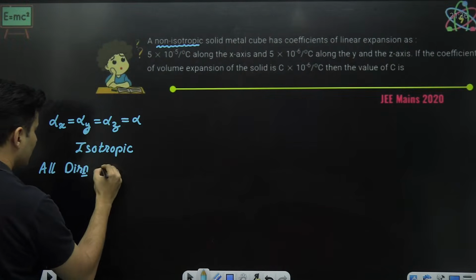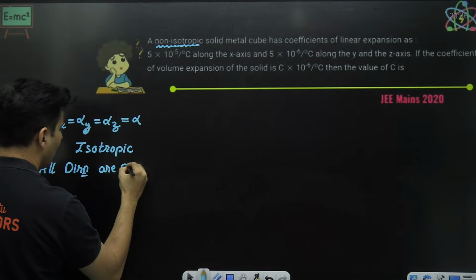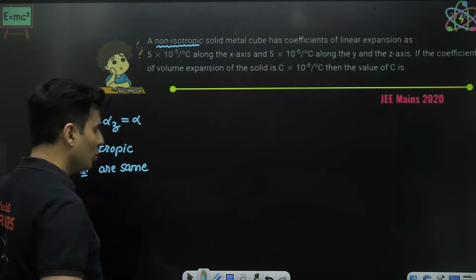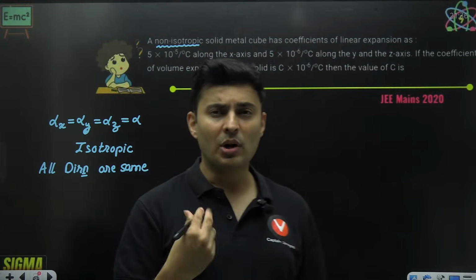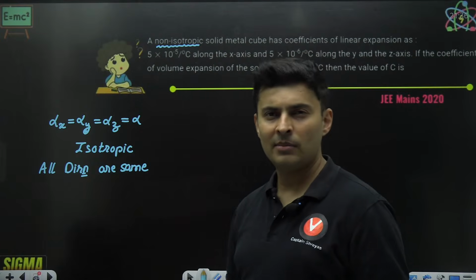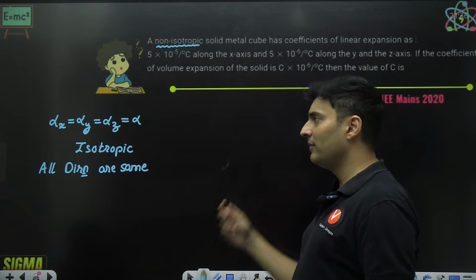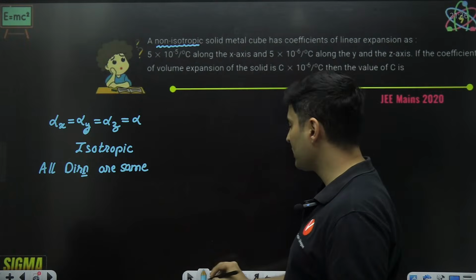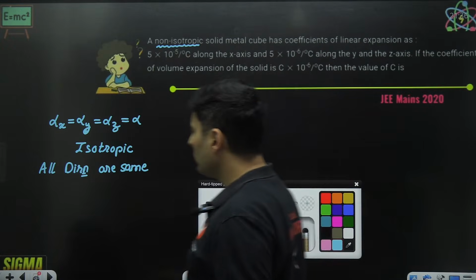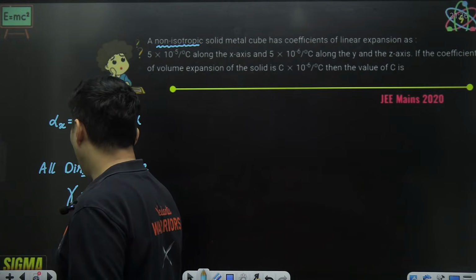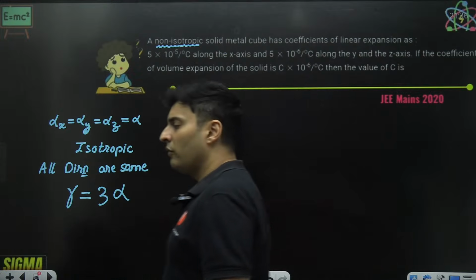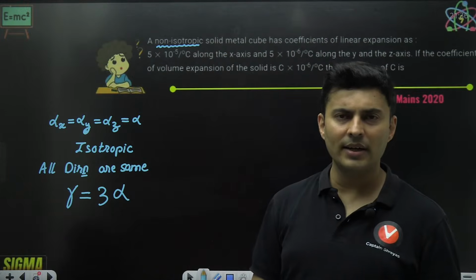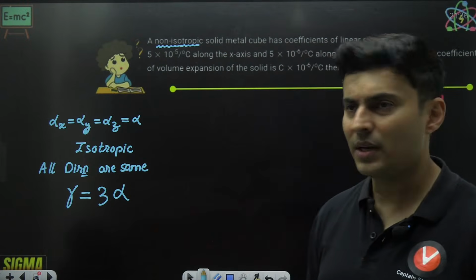No matter which dimension you go, the behavior is the same. A non-isotropic solid will have different alpha in x, y, and z, which is precisely the case. We know that gamma is 3 alpha for a regular isotropic solid, liquid, or gas.